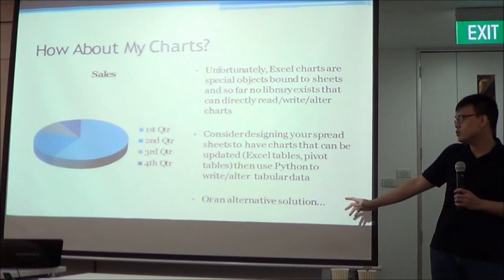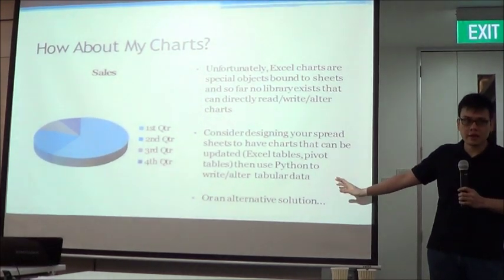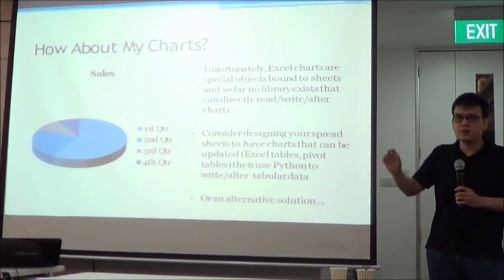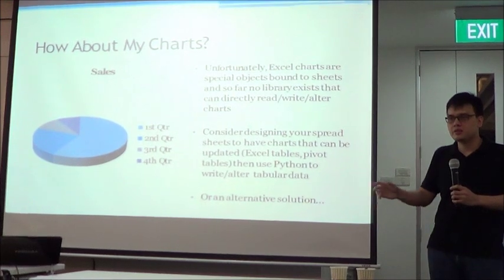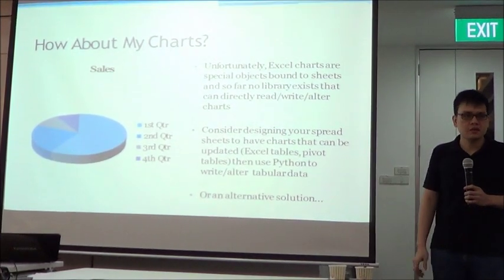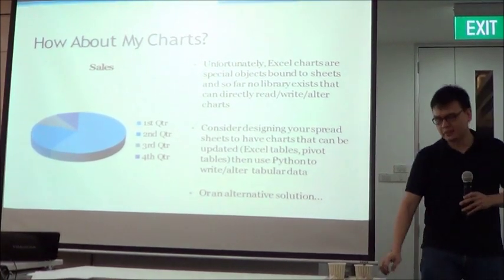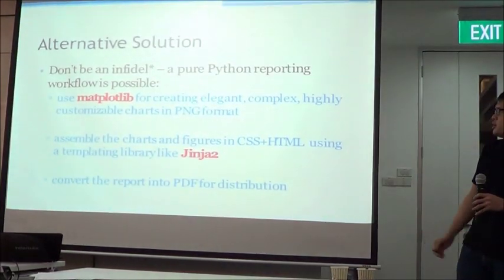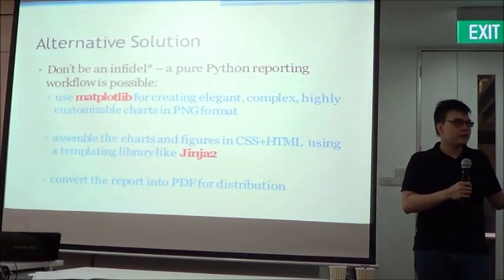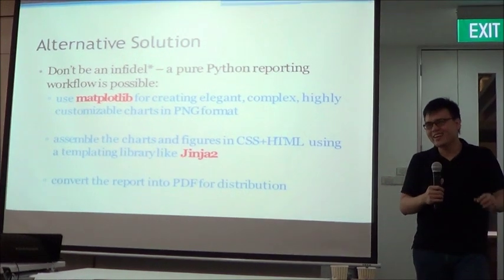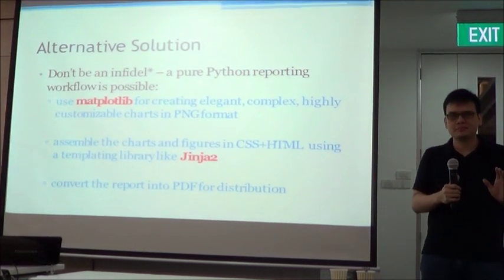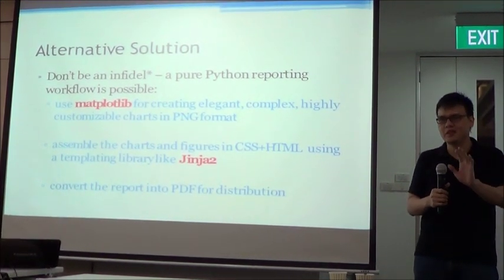That's a solution that I can propose to you if you want to use Python to work on your charts. Or, better yet, an alternative solution for you, you can actually create reports outside of Excel. No more Excel.